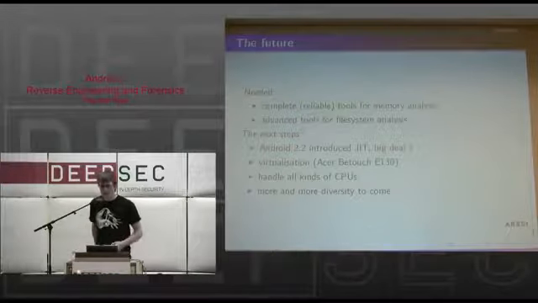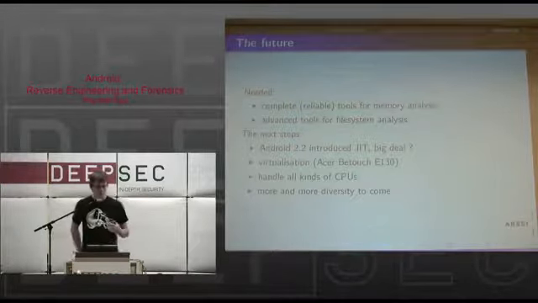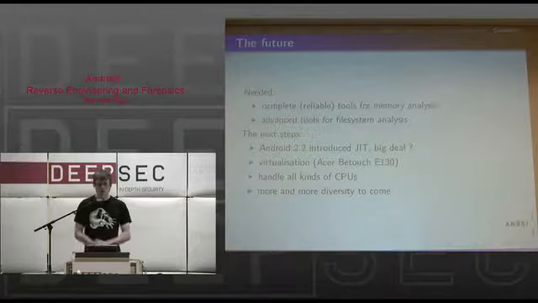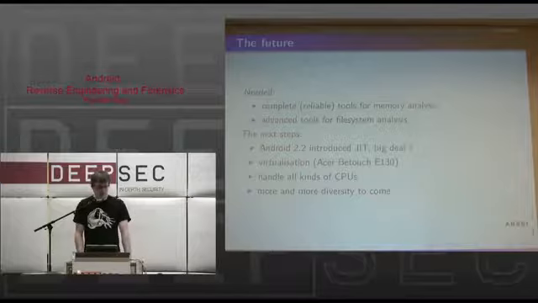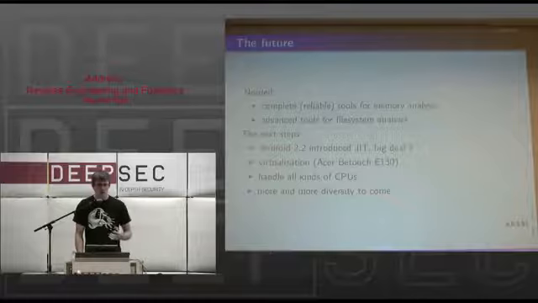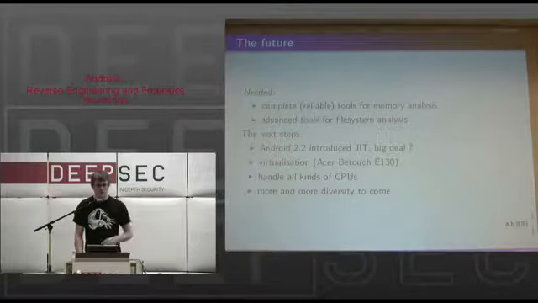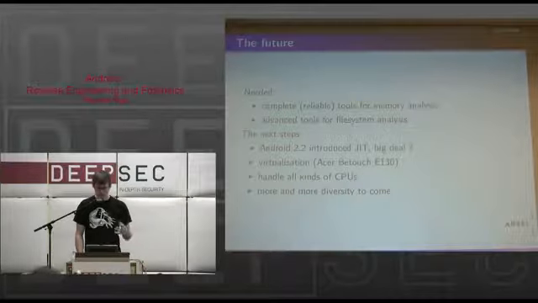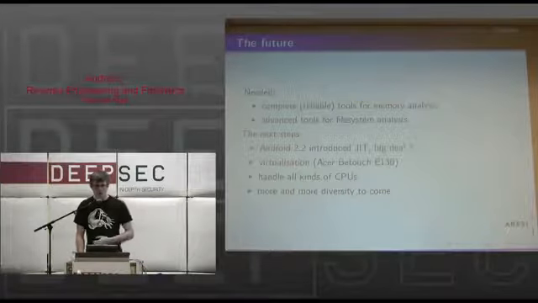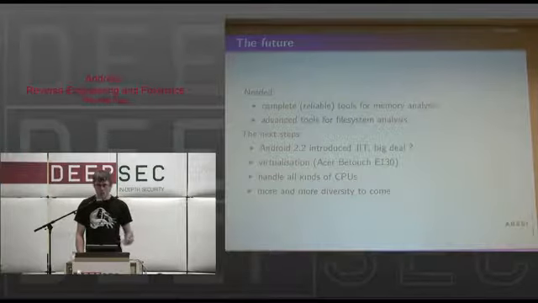And unfortunately, Android is moving forward really, really rapidly, so you have to adapt as well to the evolutions of the operating system itself. For example, 2.2 introduced just-in-time compilation, and is it a big deal? I don't know, I haven't looked into it yet, but probably optimized DEX files are gone, so you probably won't be able to use them to reverse and uncover rogue applications.